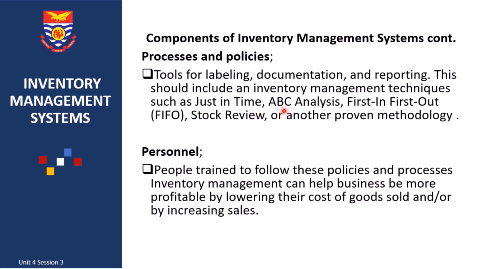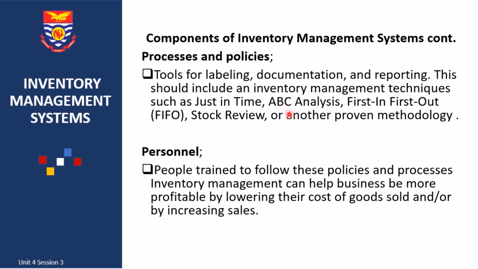Then the ABC analysis is another policy or technique that helps in storage or management of inventory, typically in a warehouse, in the sense that it helps organizations to prioritize based on a criteria, assuming A refers to fast moving goods, B refers to medium moving goods, and C refers to slow moving goods.